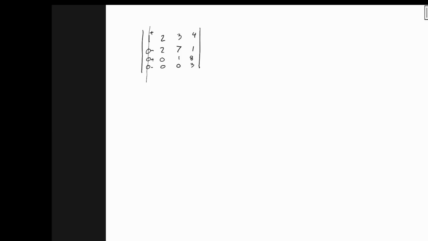So this determinant is going to be 1 times the determinant of 2, 7, 1, 0, 1, 8, 0, 0, 3. Minus 0 times some determinant plus 0 times some determinant minus 0 times some determinant. These don't matter because I'm multiplying by 0 for each one of them.